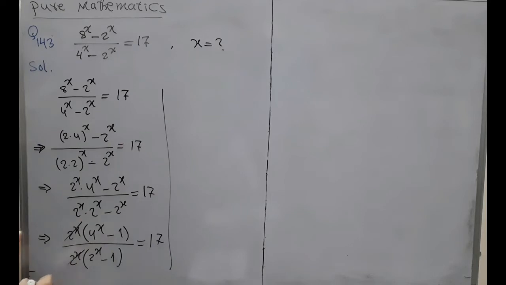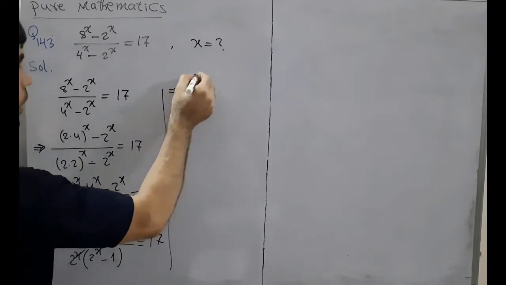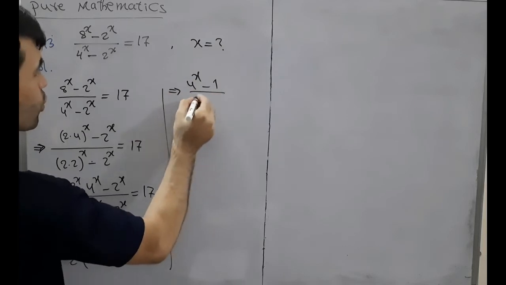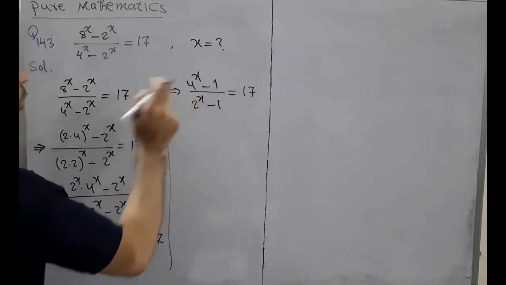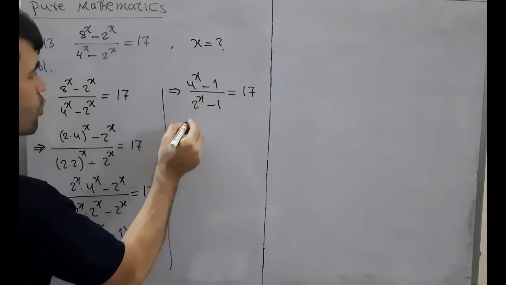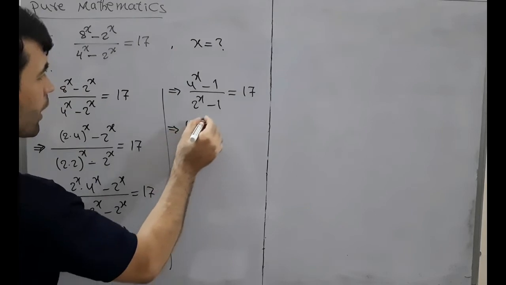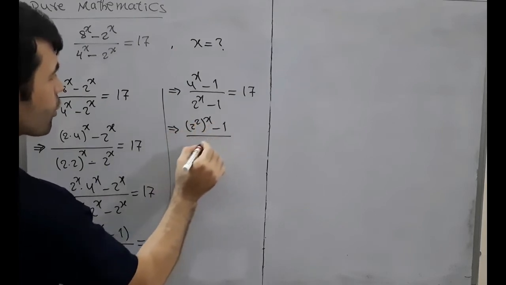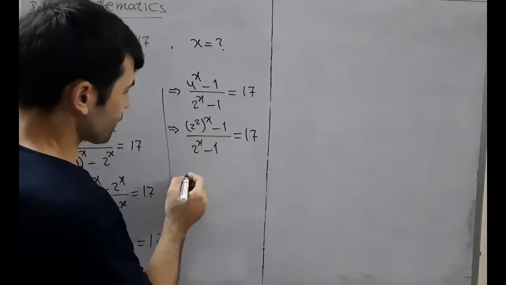These two cancel, then we get 4 to the power x minus 1 over 2 to the power x minus 1 is equal to 17. We can write 2 to the power 2 whole to the power x minus 1 over 2 to the power x minus 1 is equal to 17.